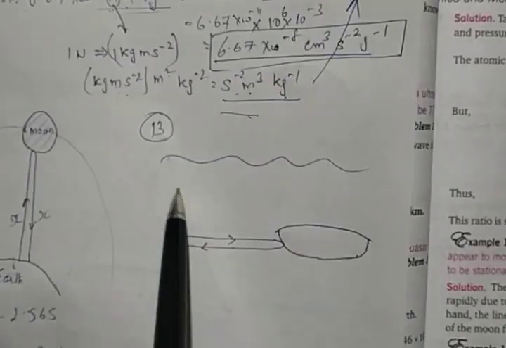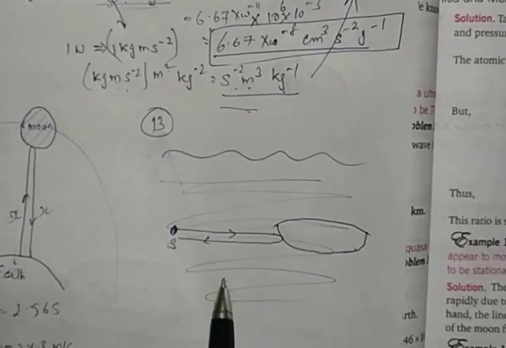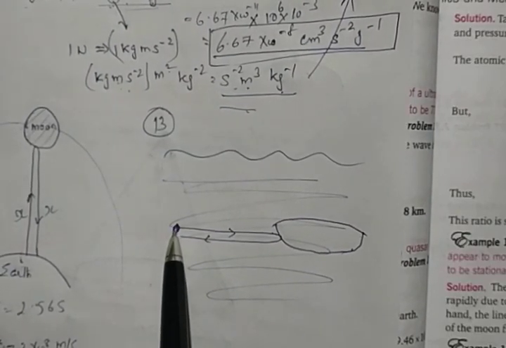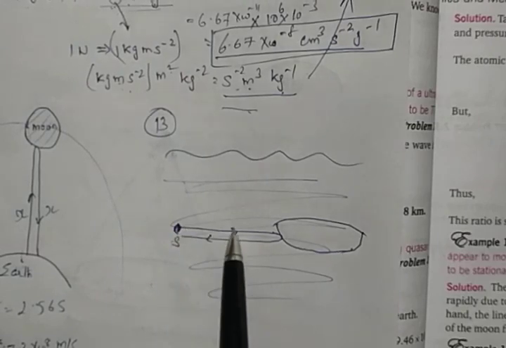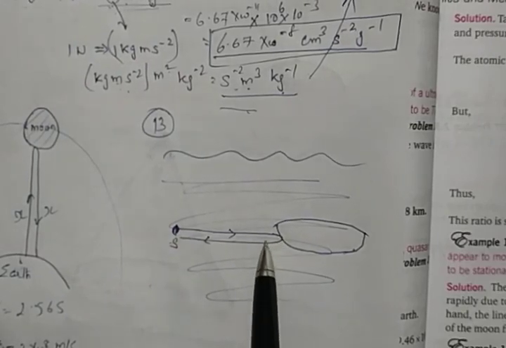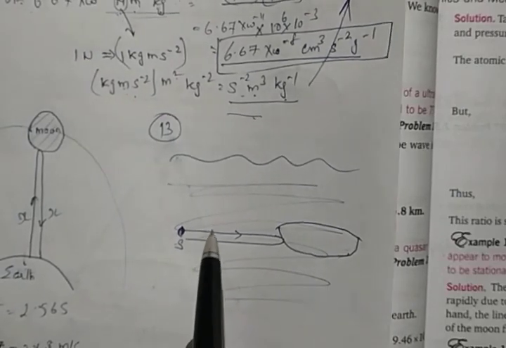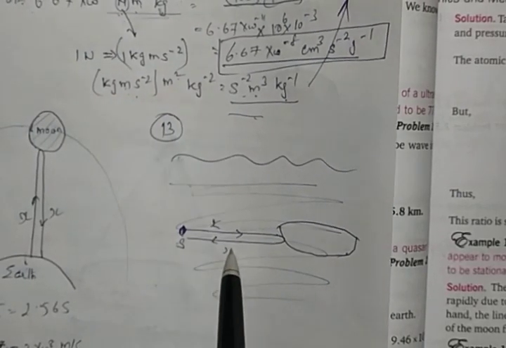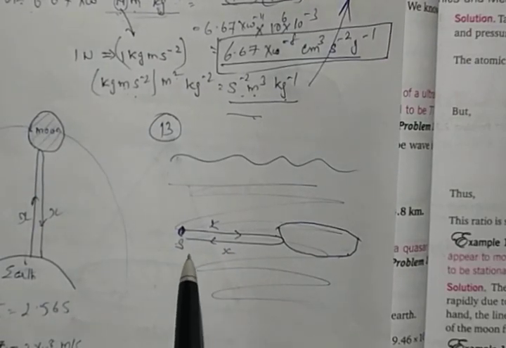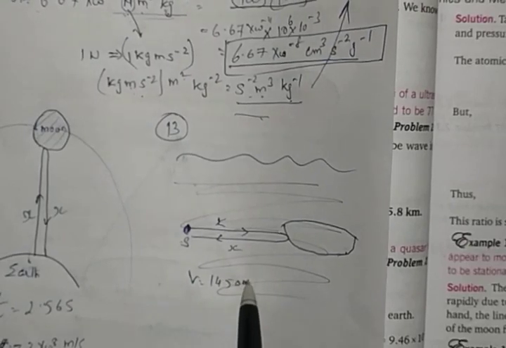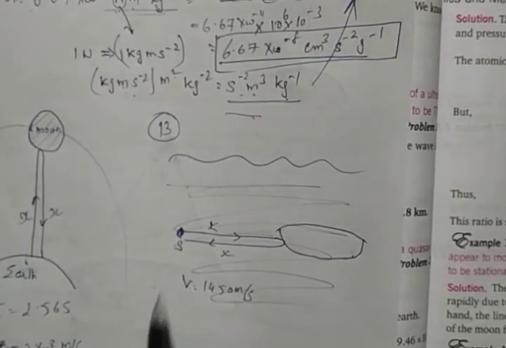There is water, so it is all full of water here. This is the sonar machine, a source that has been giving the sonar. It goes and gets reflected back from the submarine. So it travels a distance of x here, and again comes back a distance of x. The velocity is 1450 meter per second, that is the speed of sound in water.